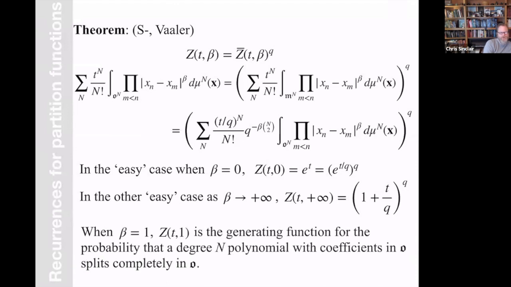I should say there's one other interesting case, and that's the case when beta equals 1. When beta equals 1, you just get a power series in t. There's no, you essentially evaluated that away. And this is just the generating function for the probability that a degree n polynomial with integer coefficients splits completely in the local integers. So there's actually another interesting interpolating value of beta equals 1.